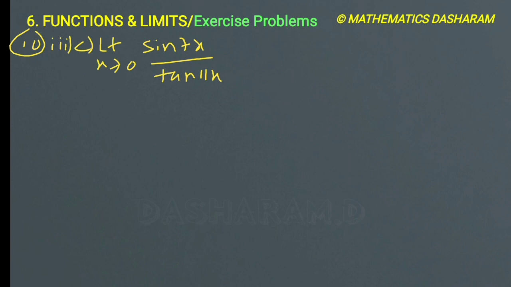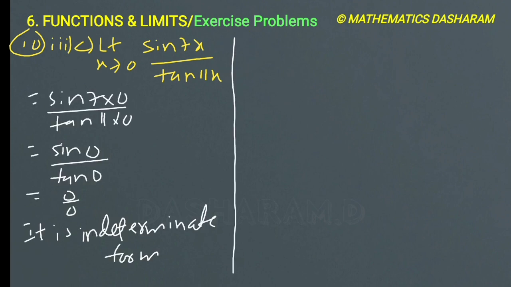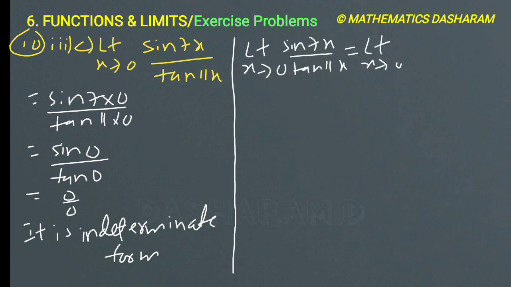Next, C question: limit x tends to 0, sine 7x divided by tan 11x. Substitute x equals 0, then we get the indeterminate form. Now divide the numerator by x and the denominator by x. Apply the limit for the numerator fraction and denominator fraction separately.